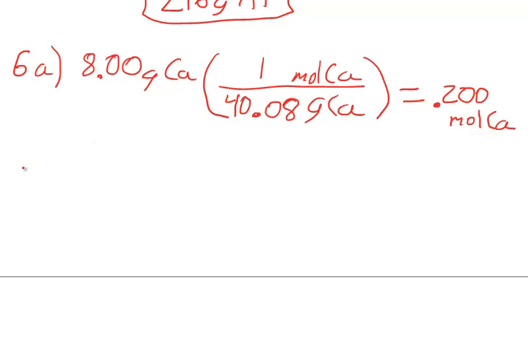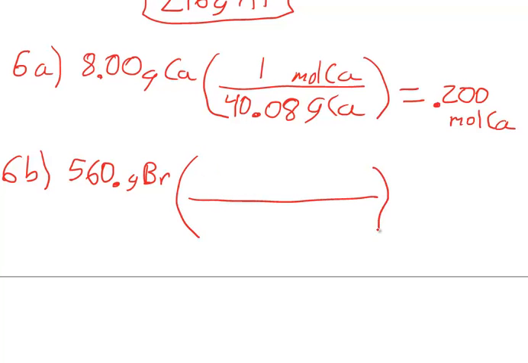of calcium. For 6b, we have 560 with a decimal place at the end. That decimal place is there to tell us we have 3 significant figures of bromine. Once again, I want to cancel grams and go to moles of bromine. So this is grams of bromine. 1 mole, the molar mass of bromine, 79.90 grams.